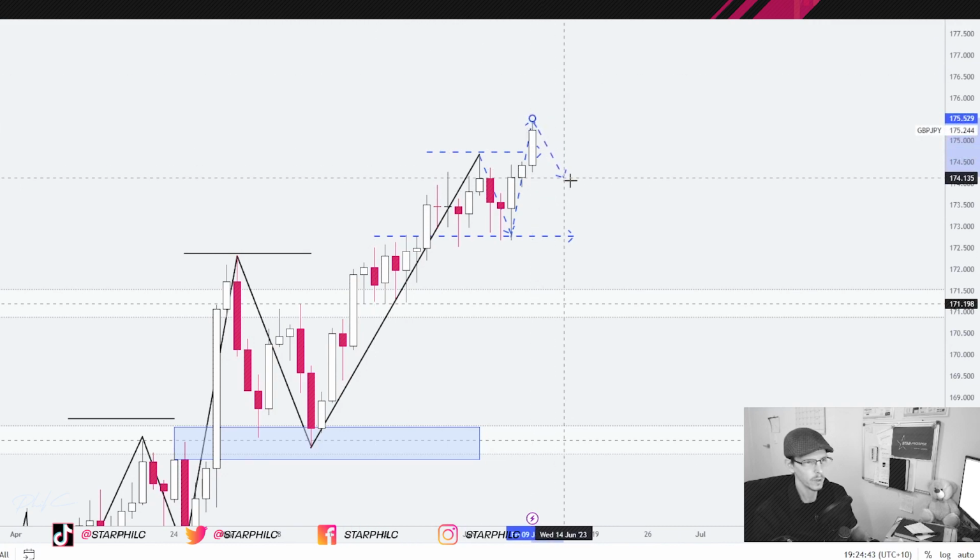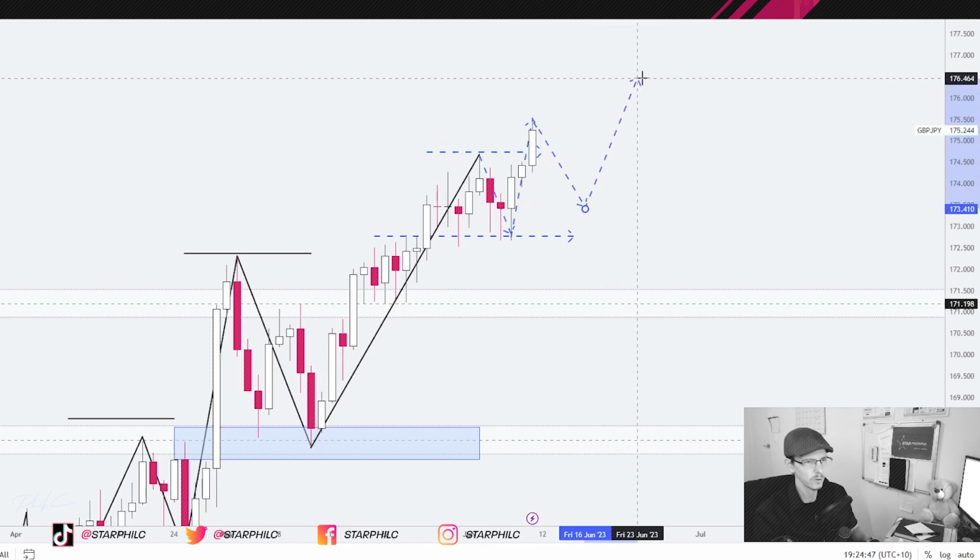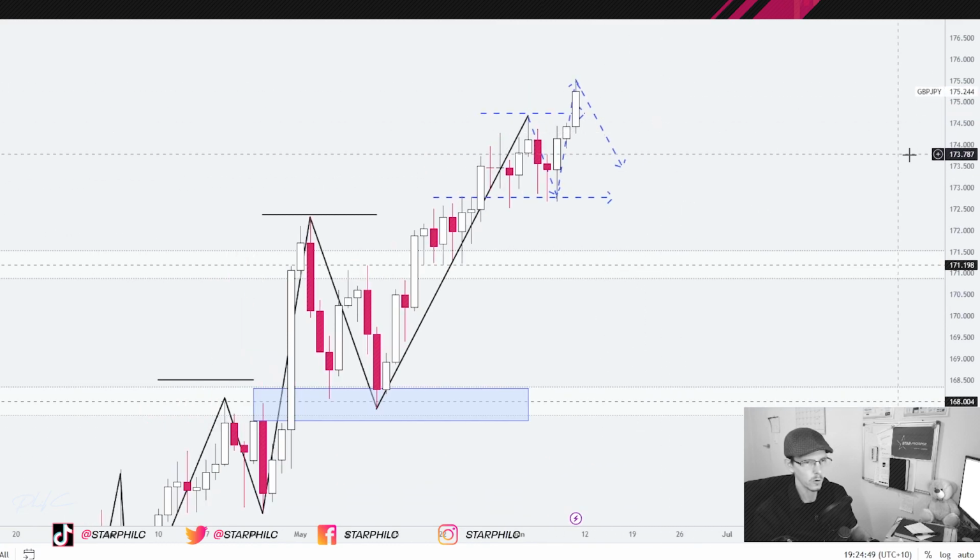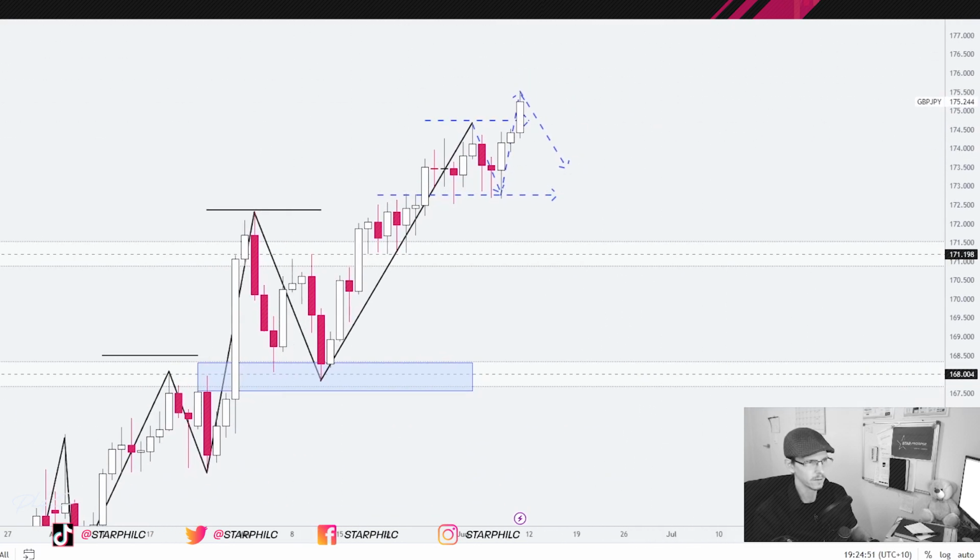We might get a pullback into this level right here and look for potential long opportunities. Or we might get something like this, okay? We might get price action pulling back, potential head and shoulders, and then all the way down into 171s, 500s on the pound yen. We'll see how this one likes to play out.